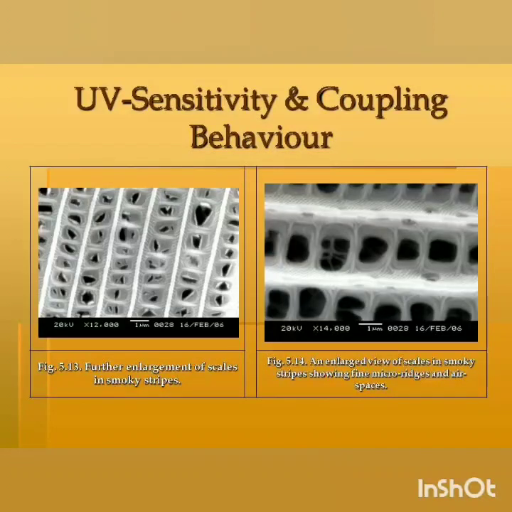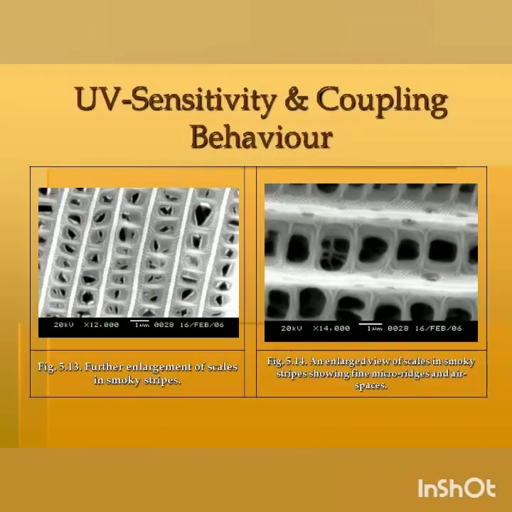We have found that in the wing of the moths, there is a structure which can be seen here. The first one is low magnified, the second one is highly magnified. You can see that in between the two horizontal strips, there are vertical strips also.